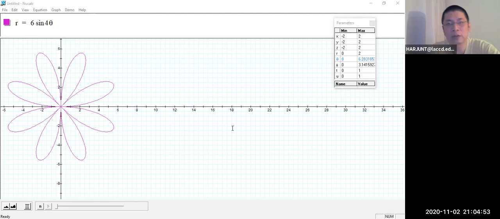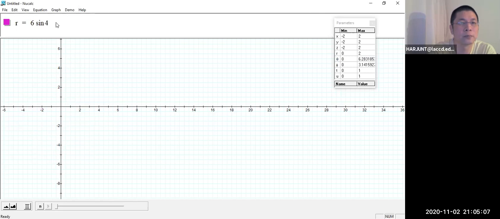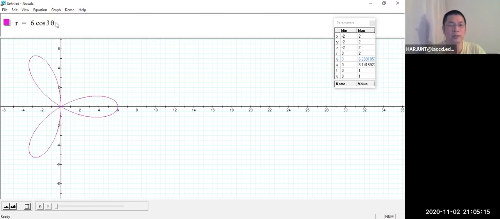Now notice that because it depends on sine, then all of the graph will be symmetric with respect to y-axis. Let's change this to cosine. If it is cosine, then it should be symmetric with respect to x-axis. The number of leaves will be equal to the coefficient if it is odd.